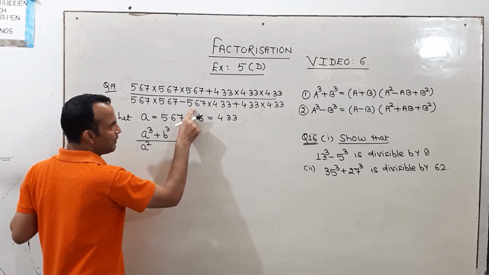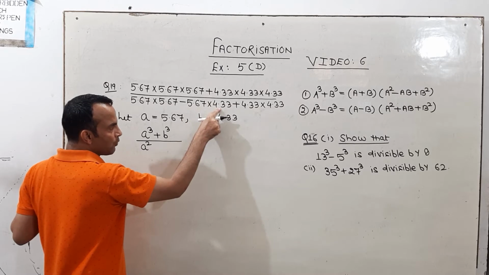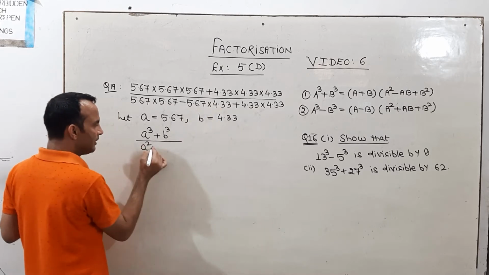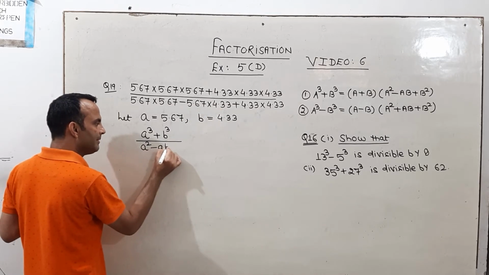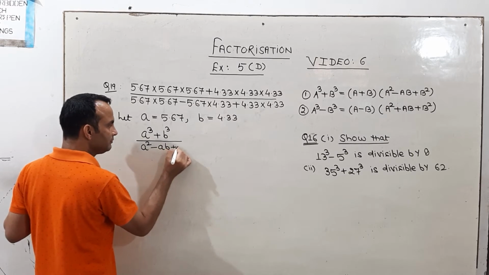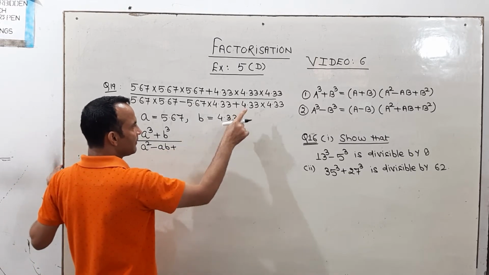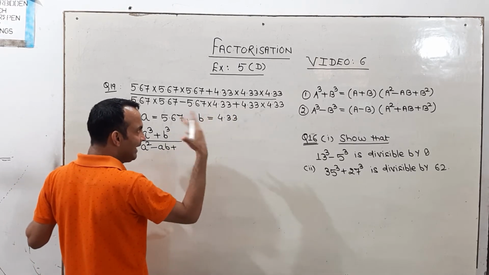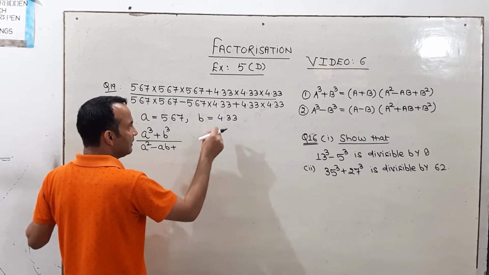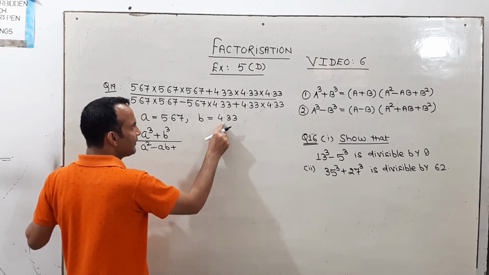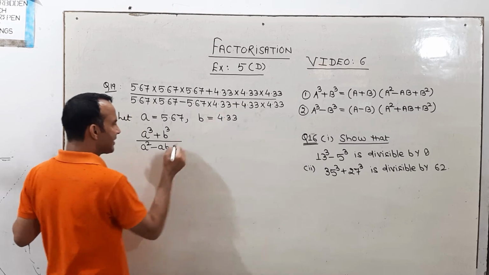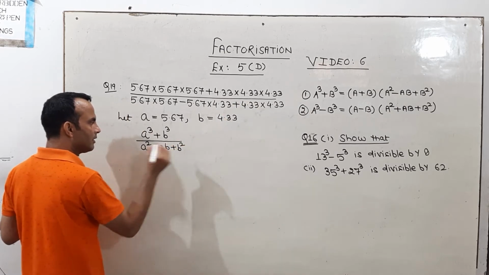Here 5.67 acts as a, 4.33 acts as b, therefore we can write it as minus ab plus 4.33, we have already let that b is equal to 4.33, so here we can write b square.